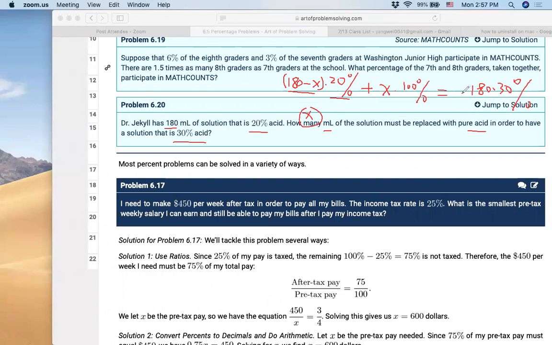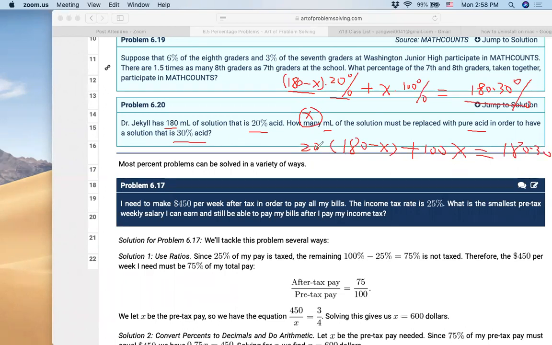Then in this new solution, the rate is 30%. The amount is still 180. So to solve this equation, both sides times 100. So you get the first one that's 20 times 180 minus X. Then plus 100 times X. That equals 180 times 30, right?